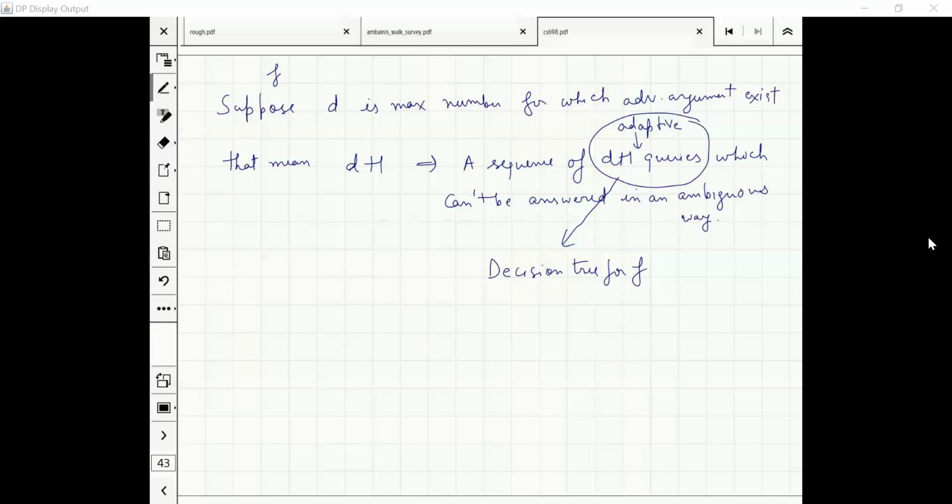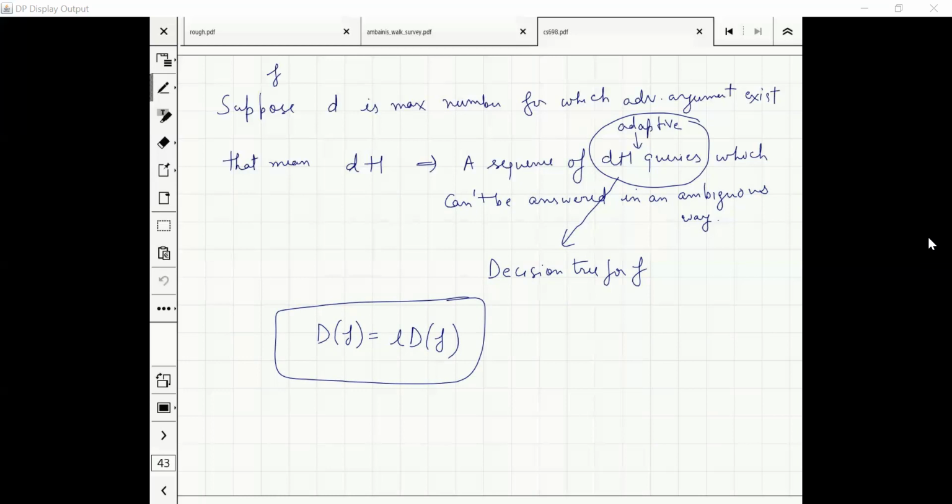You have to just think of the definition of a decision tree and what I mean by a sequence of D plus 1 adaptive queries. If you cannot make an adversary argument for D plus 1, that means there is a sequence of queries. That sequence of queries is exactly the decision tree. Oh, yeah, makes sense. And that will give you D of F.